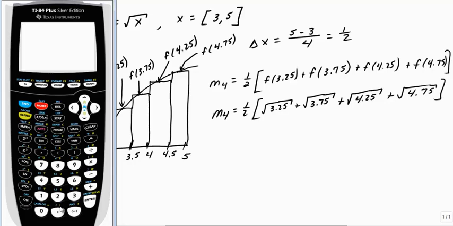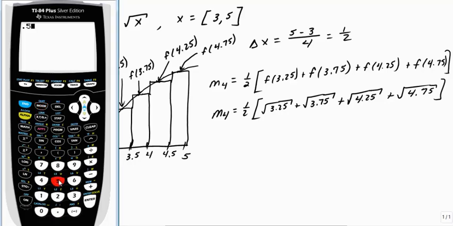Let's see here. We'll say 0.5, and I'll say times the group. We have the square root of 3.25, and then plus the square root of 3.75. Plus square root 4.25.